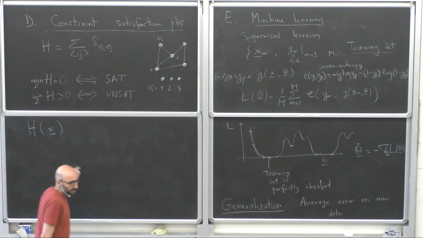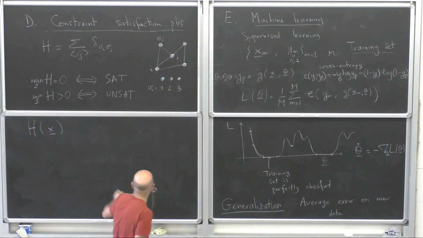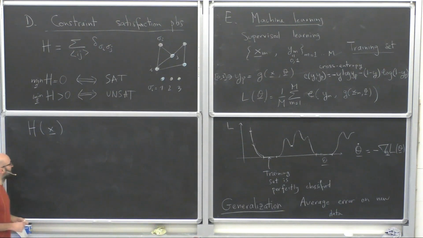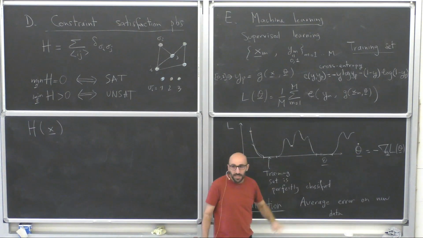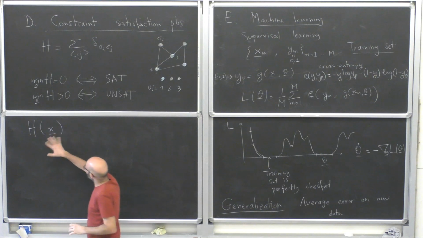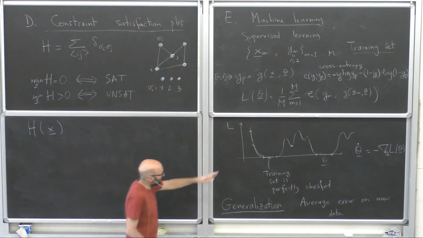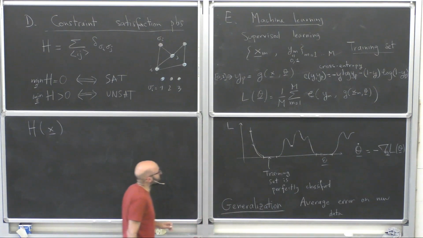This function can be the potential energy for particle systems, or the cost function, or the loss function. The important thing is that this function has many minima.